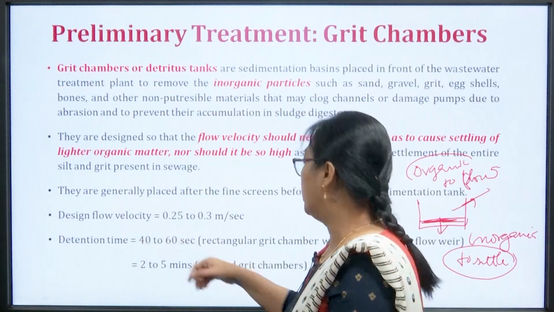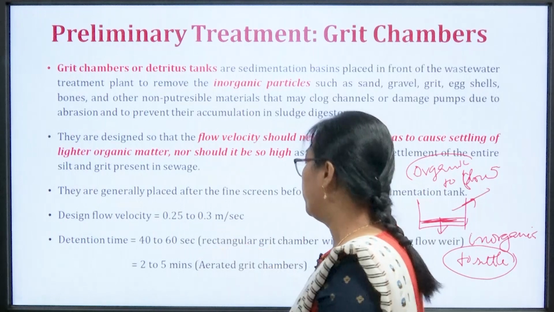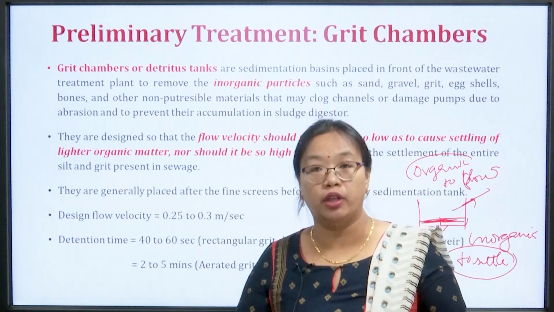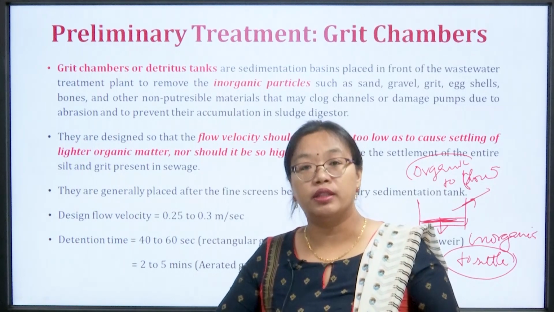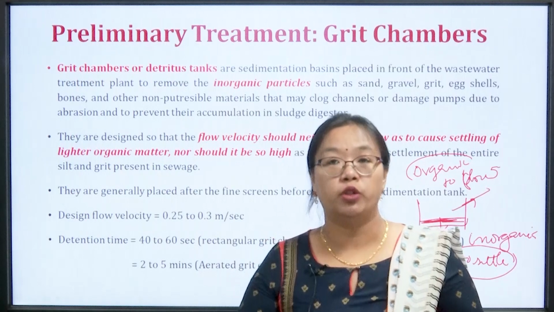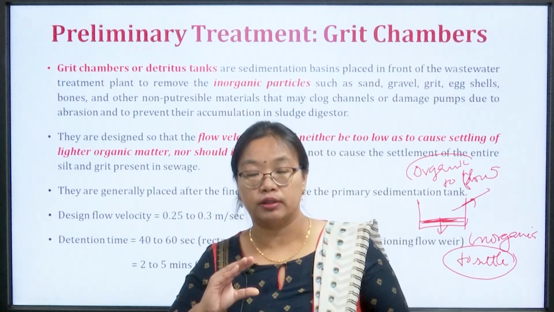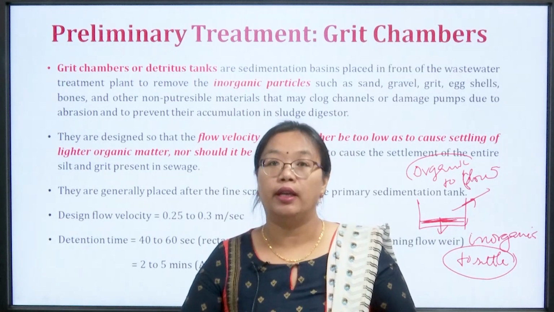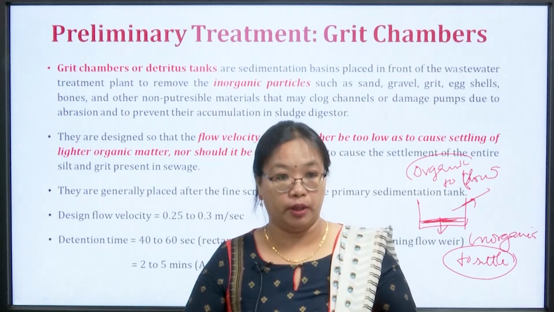The design velocity is around 0.25 to 0.3 meter per second. When you design a grit chamber, you generally design for the velocity. At this rate, the density of the organic matter is going to be lesser than the density of the inorganic material.